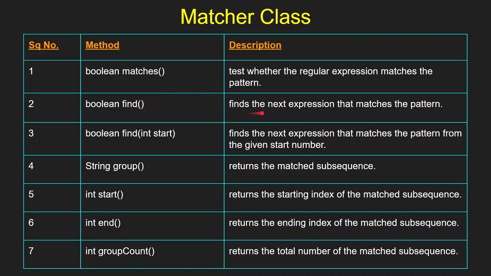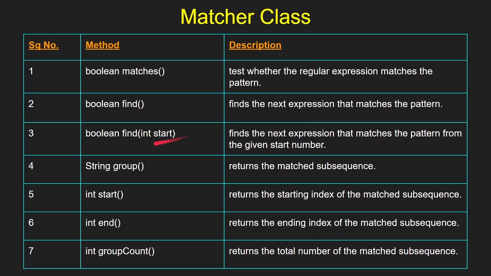Next function is boolean find. What this does is finds the next expression that matches the pattern. There can be multiple matches, so in the text which we were writing, there were more than one matches. To find how many matches there are, the next match which is found will be returned by this find function. It will return whether the next match is present or not.